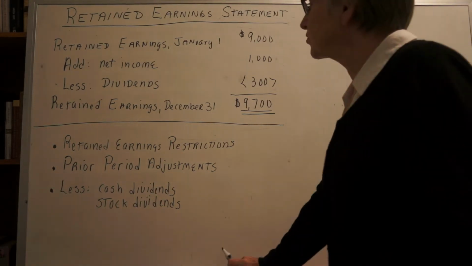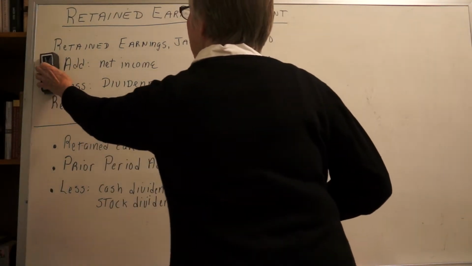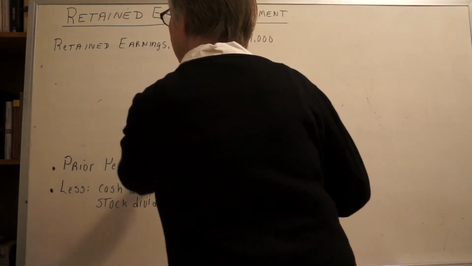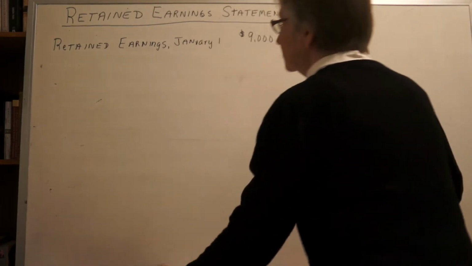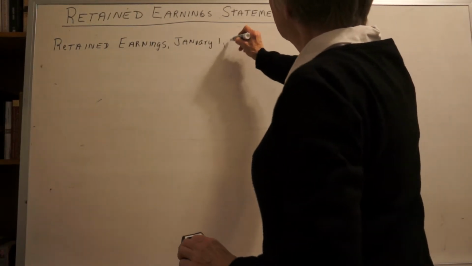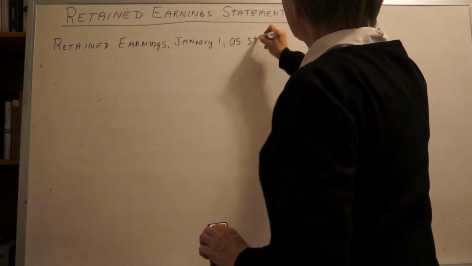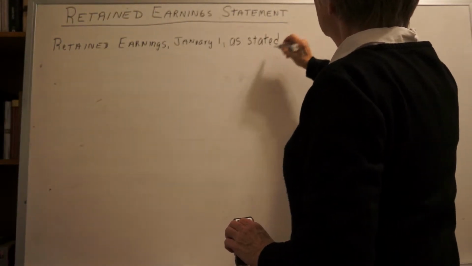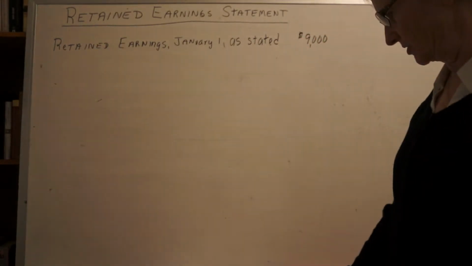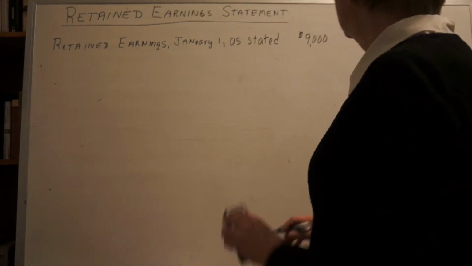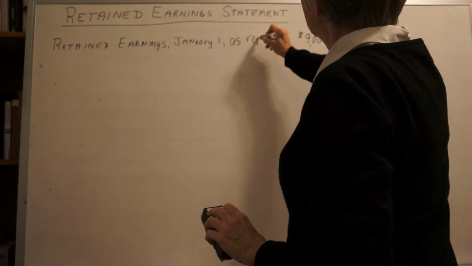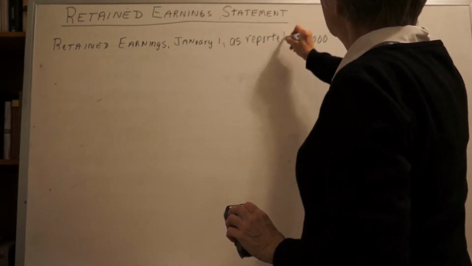So when there is a prior period adjustment, at the beginning we would have retained earnings January 1 as stated or as reported. And that's important because that signals that yes, there is a prior period adjustment coming. I think as reported might be better, though you'll see companies do it both ways.